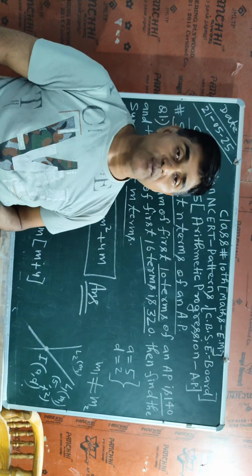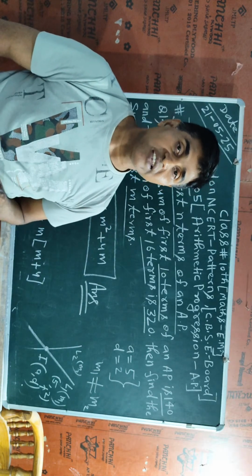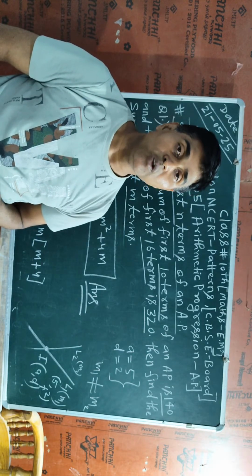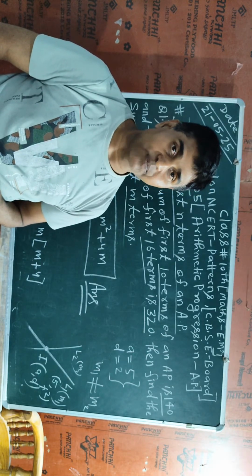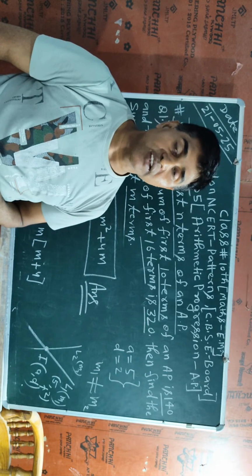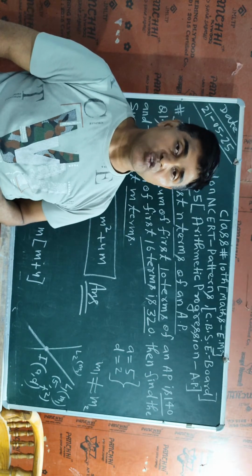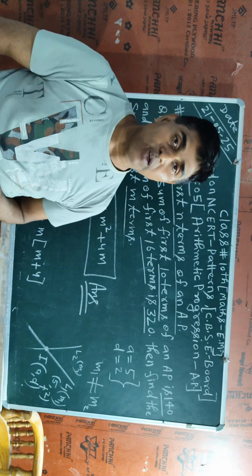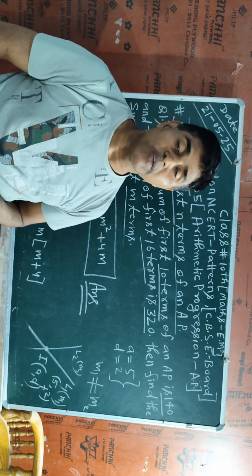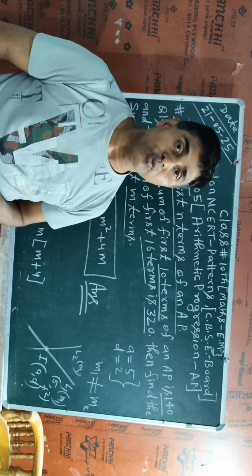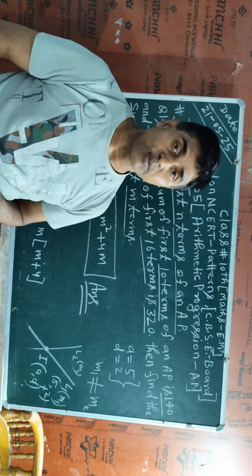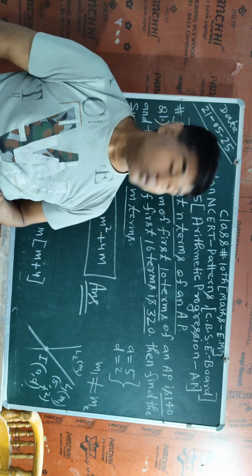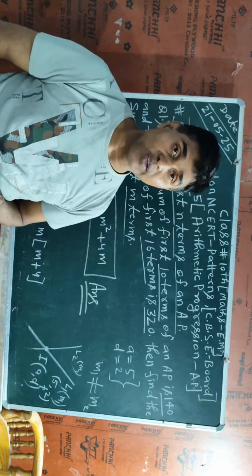First of all, read each and every term of the given question, write all the data given in the question, and then convert it into a mathematical form. After that, make the equations.